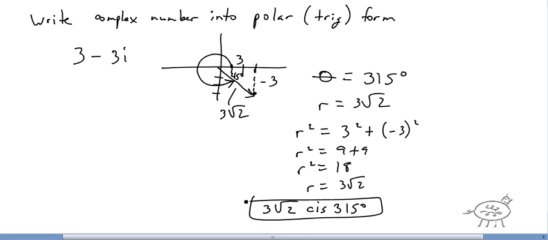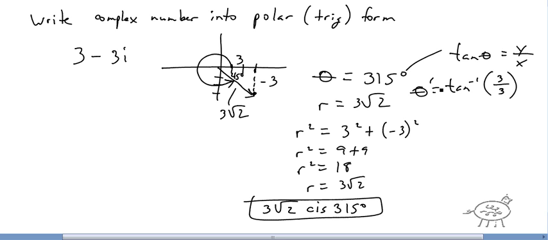Okay. One other thing too is I know I got that 315 degrees by recognizing that. Of course, you could have also said tangent of theta is equal to y over x, and you do the inverse tangent of y over x. And we use the positive values. This is kind of from last chapter. We use the positive values because that's going to give us our reference angle.